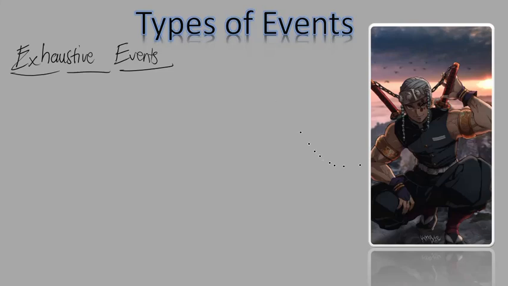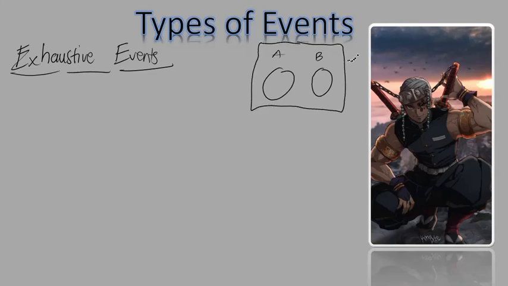Remember how Venn diagrams are: you have an event here, an event here, and then you have things that are not in either event A or event B. They are lingering somewhere in the rest of the sample space. So something can be here, or here, or here. That's how Venn diagrams work.